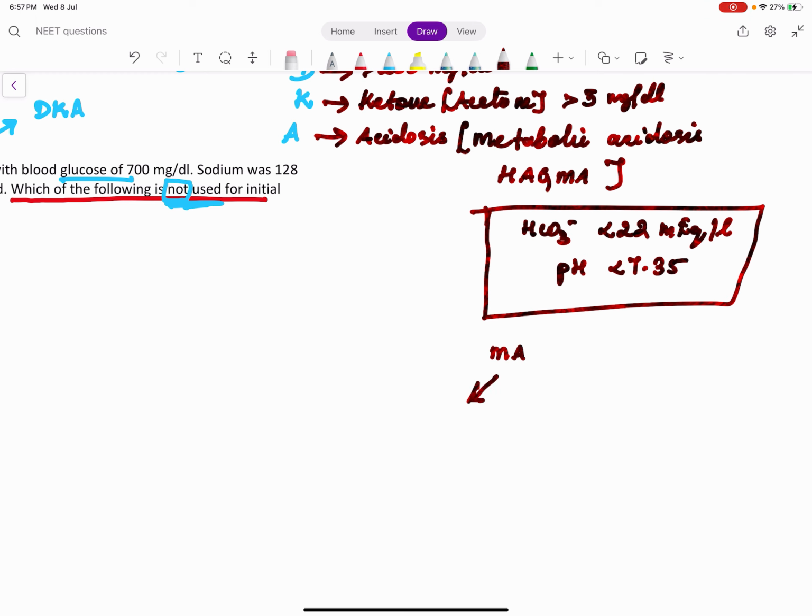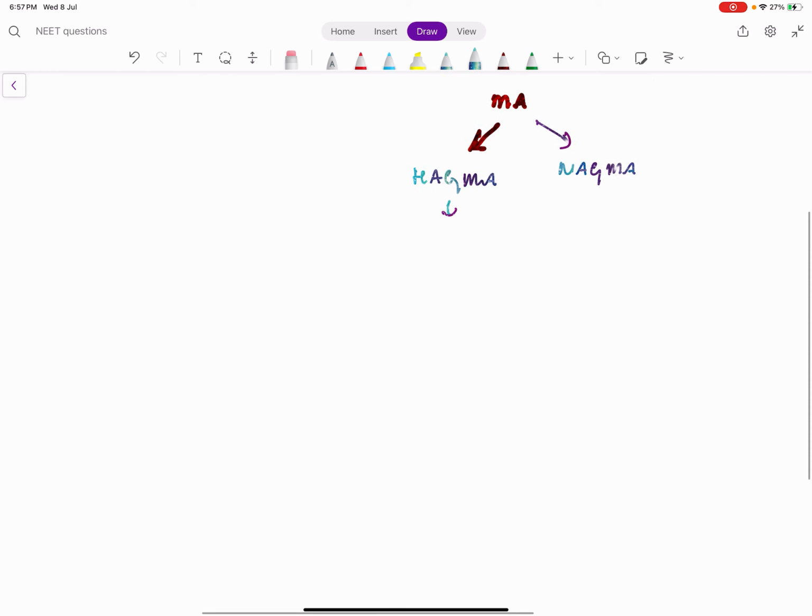Metabolic acidosis may be high anion gap metabolic acidosis or normal anion gap metabolic acidosis. There are 4 causes of high anion gap metabolic acidosis. There's a mnemonic, MUD PILES, but if you remember just a few, the first and the most important cause is diabetic ketoacidosis. Then we have lactic acidosis.